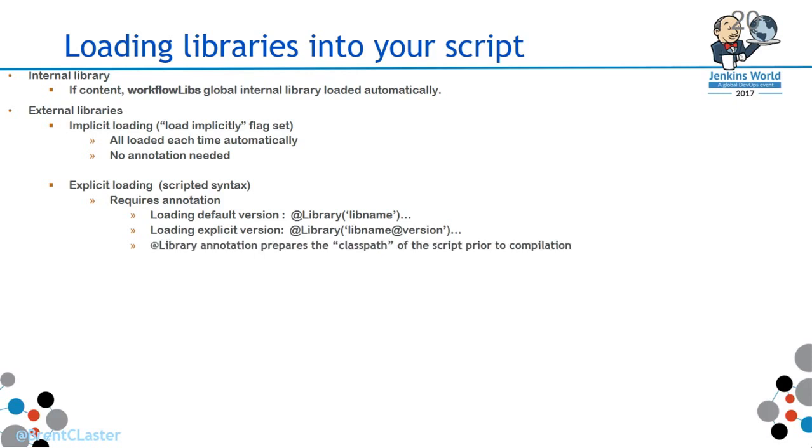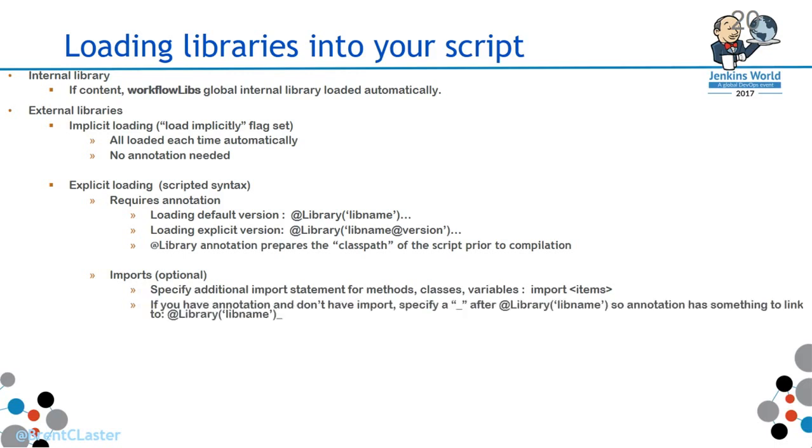This essentially prepares the class path of the script for your pipeline to use. And then you can also optionally specify imports, meaning you can import methods, classes, and variables out of that library as well. If you have an annotation, though, and you don't have an import under it, then you have to specify an underscore.